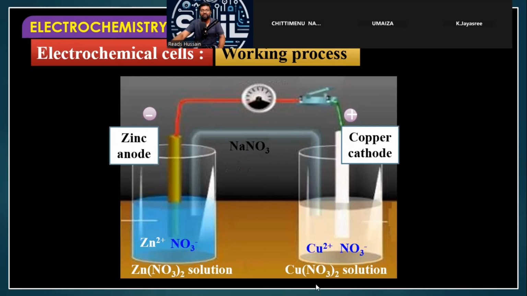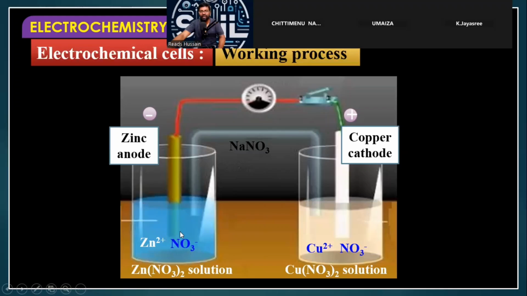So this is a salt bridge. This salt bridge is filled with sodium nitrate gel, NaNO3 gel, to neutralize both the solutions, both the anodic compartment and the cathodic compartment. When zinc ions are entering into the solution, there will be electrical imbalance.